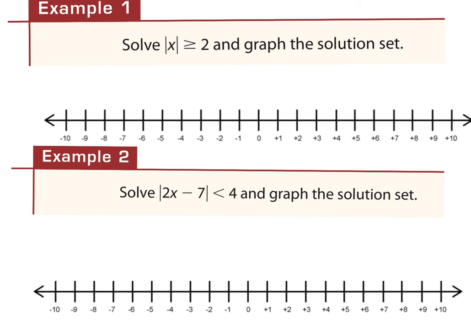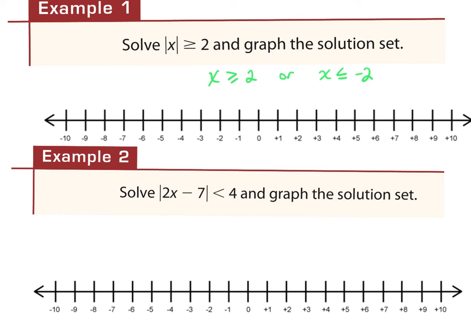So if we look at these two examples here, example 1, they want us just to graph this. Well, if x is greater than or equal to 2, it also has to be less than or equal to -2. So I took what was inside and I set it up exactly how it was given to me. And then I took what was inside, I flipped my greater than, less than, and I negated the outside.